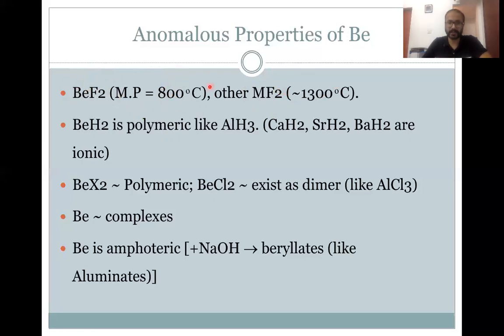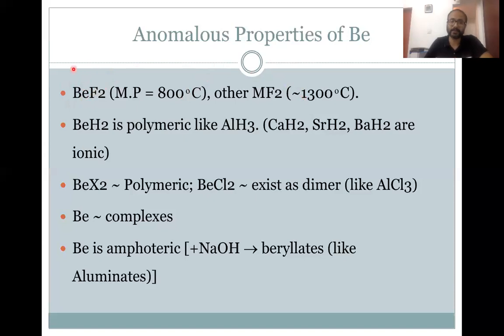You see that the beryllium fluoride compounds have a lower melting point compared to the fluorides of the other elements, a difference of more than 1,000 degrees. Why is there a difference in the melting point? Beryllium, being very small in size, has a higher charge density, and according to Fajan's rule, it exhibits more covalency.